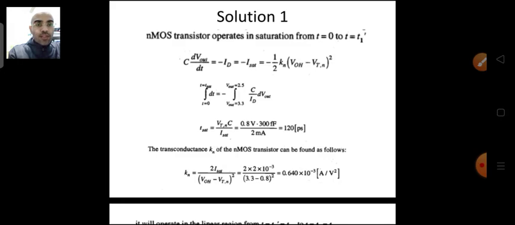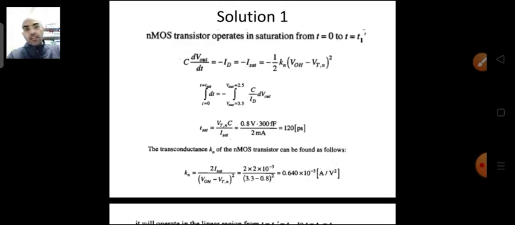So we have to use the saturation current equation, and as our capacitor is discharging, you have to use the equation C dVout/dt equal to minus ID, the minus being because of discharging. Then we substitute the limits of voltage and the limits of time, integrate, and solve it.